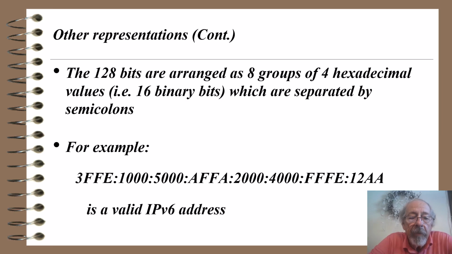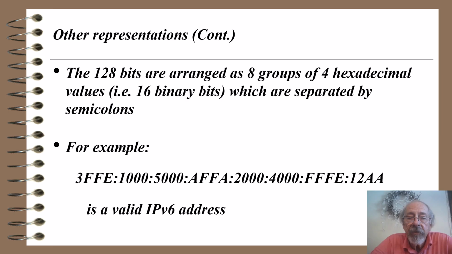So here's an example. An IP version 6 address is 3FFE, 1000. I don't say one thousand, I say one zero zero zero. Colon 5000, colon AFFA, colon 2000, colon 4000, colon FFFE, colon 12AA.